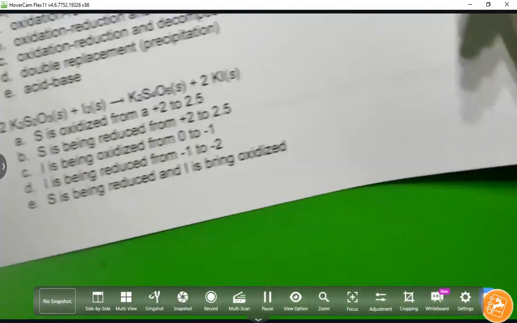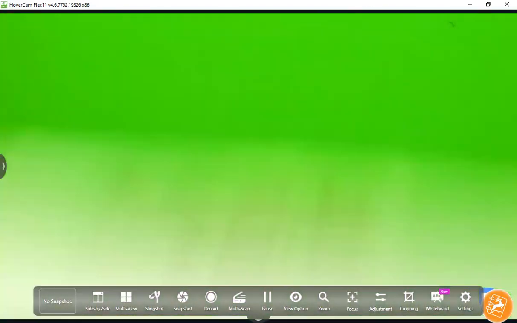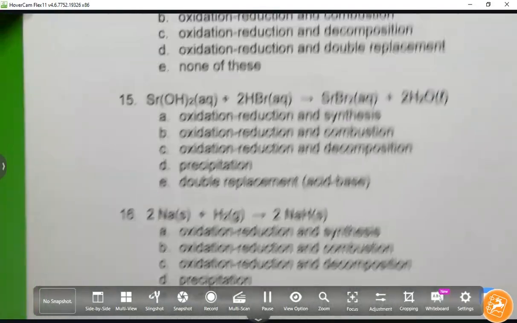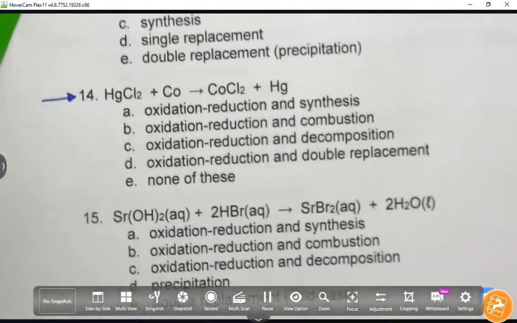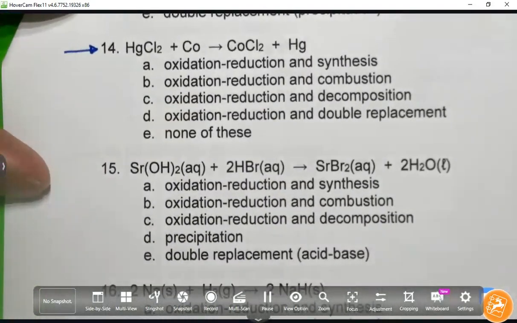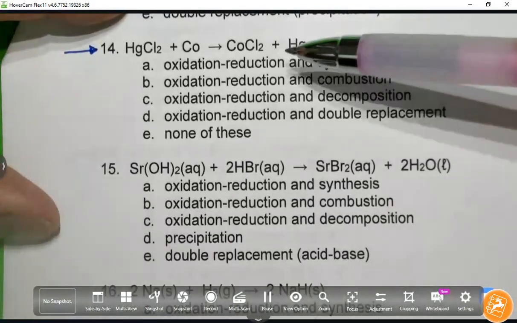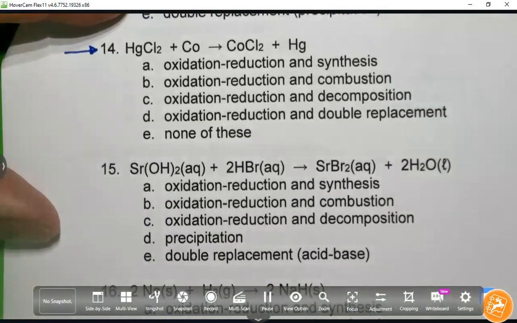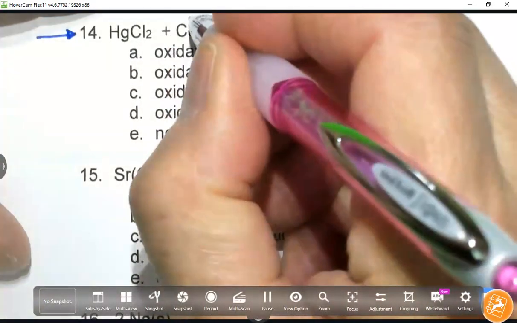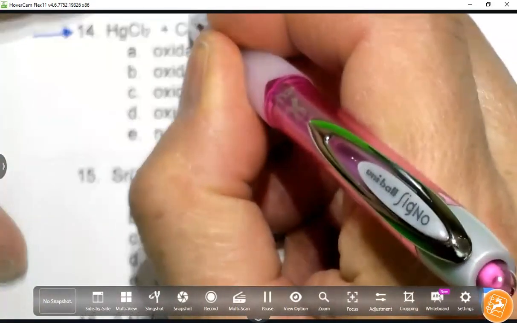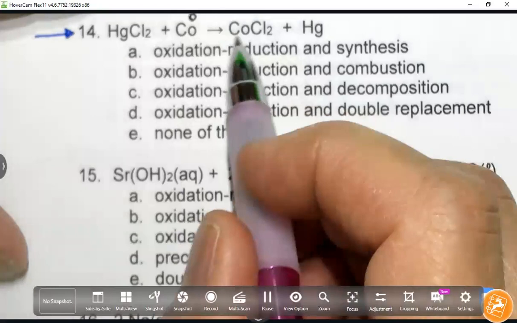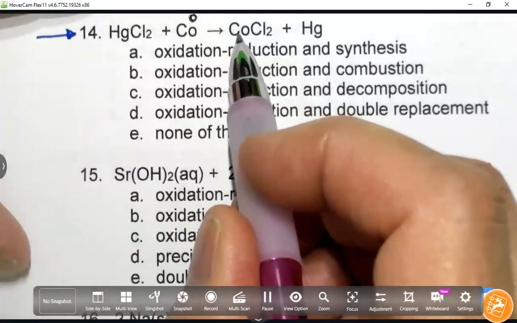Let's look at 14. So for 14, the thing you should key on right away is that this is oxidation reduction. How do you know? Because you've got cobalt here by itself, so it's a 0 charge, and here it's in a compound.